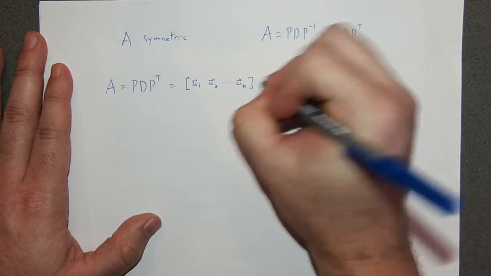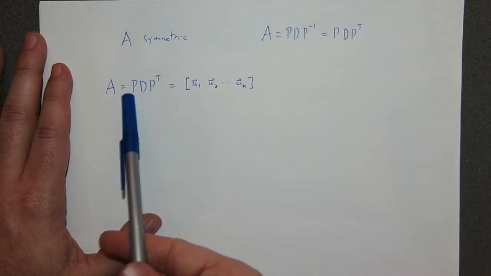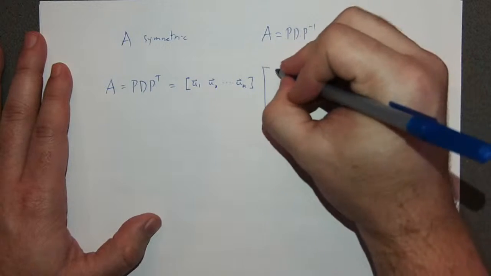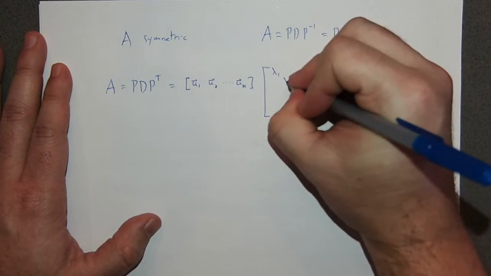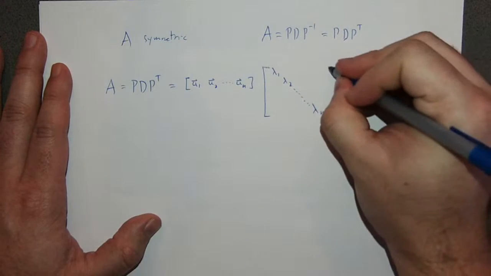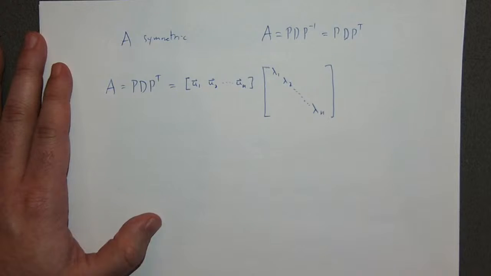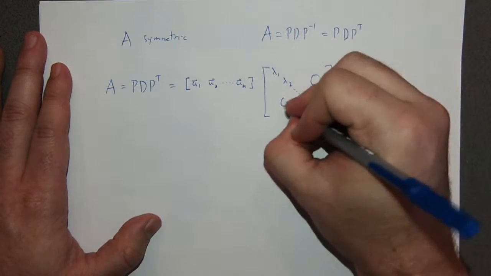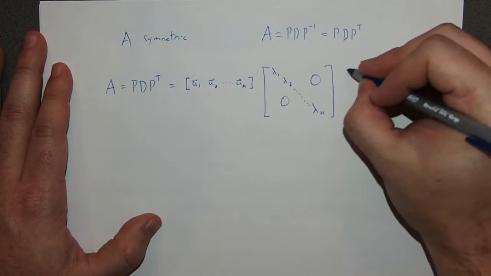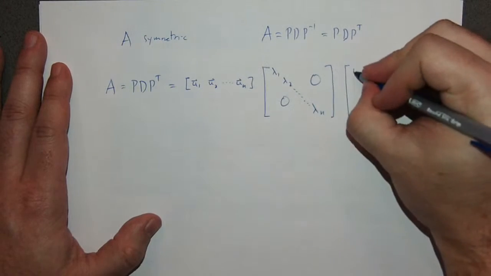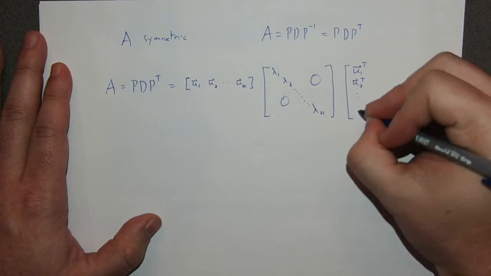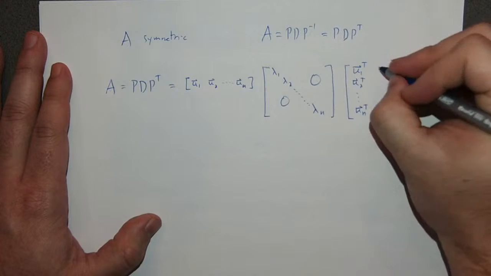So U1 to Un are the columns of P, times the diagonal matrix made up of the eigenvalues, counting with multiplicity, so there could be repetitions here. Lambda 1 to lambda n, zeros everywhere else. And then P transpose, which I can write as U1 transpose, U2 transpose, and so on, all the way down to Un transpose.